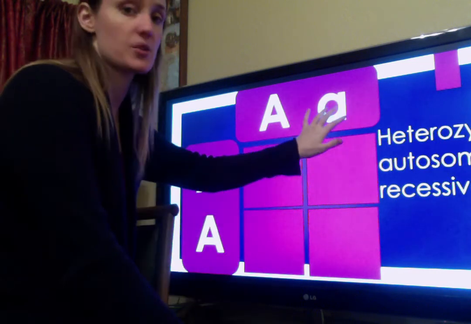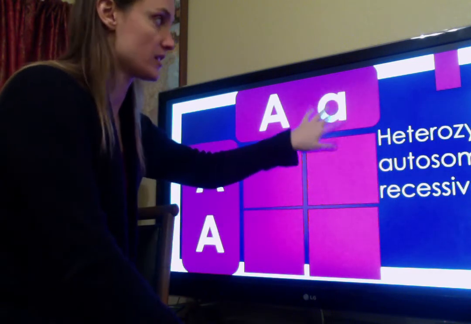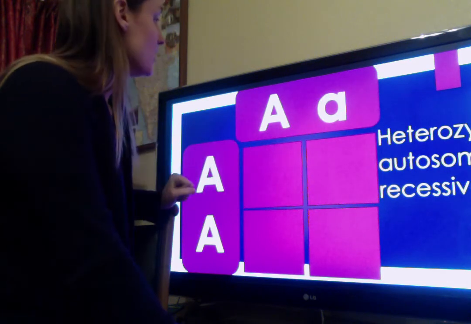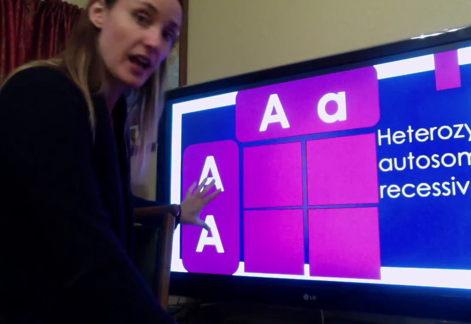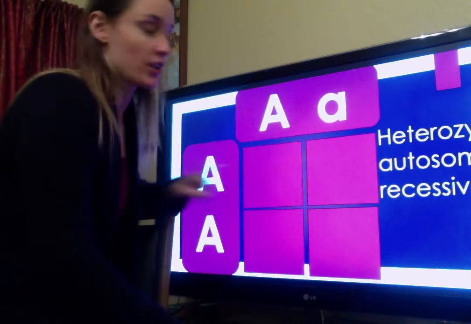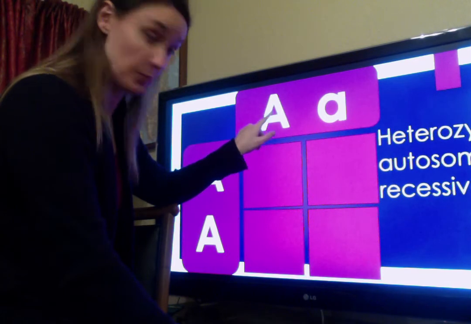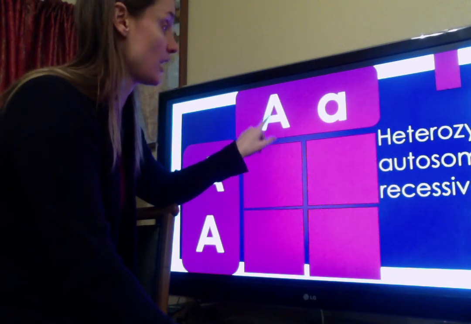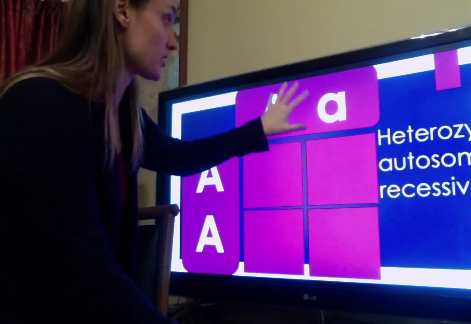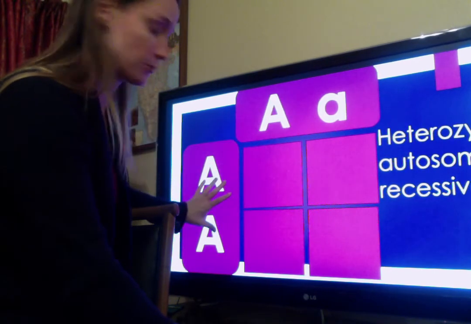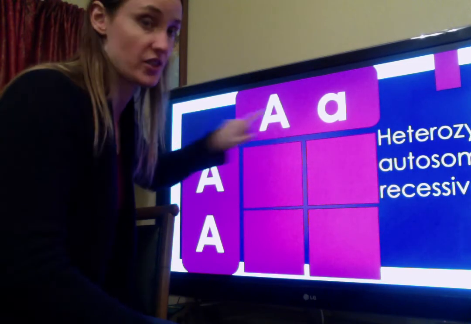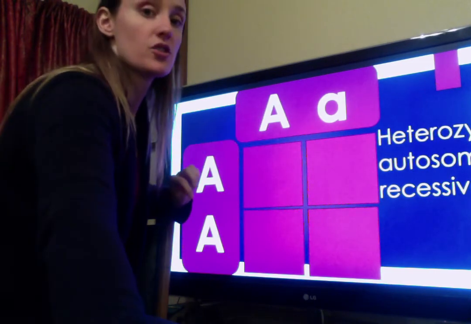And we're assuming this one is a disease trait or something that we're interested in mapping out. And this parent doesn't have the disease trait. This one would be called a carrier because the big A would be the dominant trait and it would supersede the recessive trait. This person would not express the trait though.